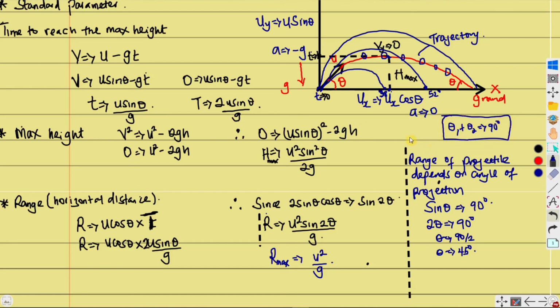In layman's terms, if we project two bodies at different angles, as long as the two angles add up to 90, the bodies can exhibit the same range.